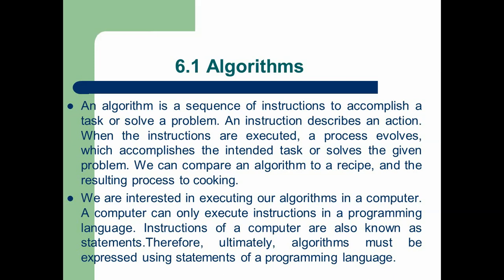To form an algorithm, the main goal is to solve a problem. The important point of an algorithm is to satisfy the user. Somehow it is just like a recipe resulting in the process of cooking. So an algorithm can be compared to a recipe, and the resulting process to cooking.